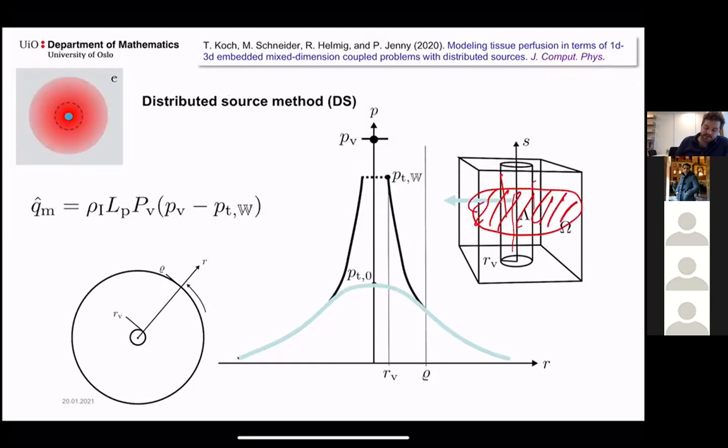So in some volume we distribute it. It shouldn't be too big, obviously, because then we're making a big error. But it shouldn't be too small also, because then we recover the same solution as before. So if we do this now, we get this regularized pressure solution.